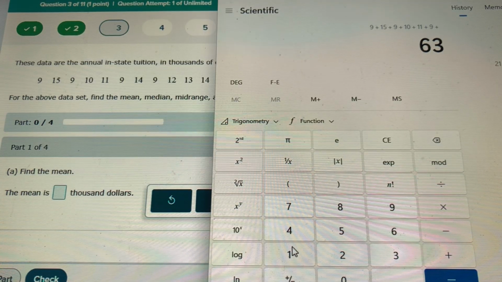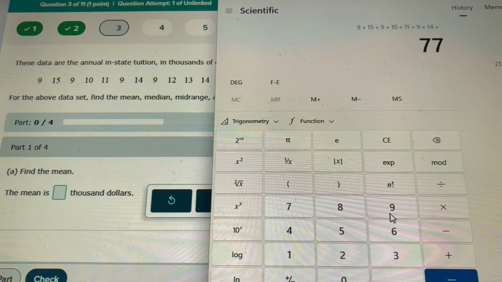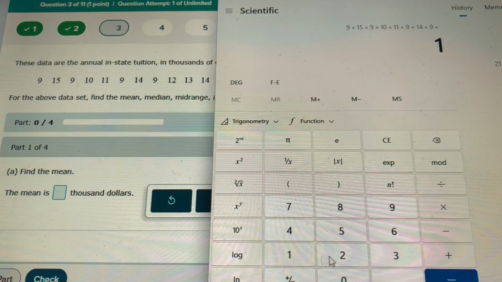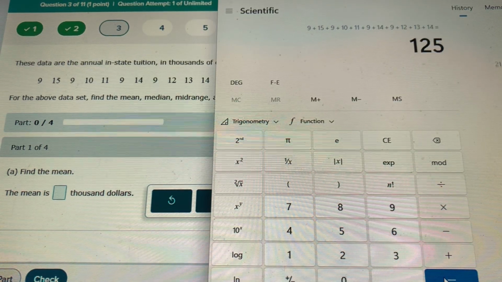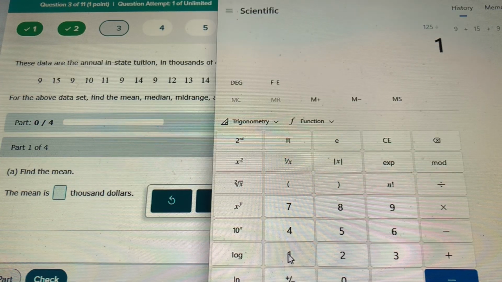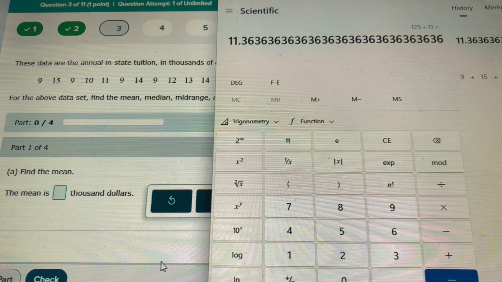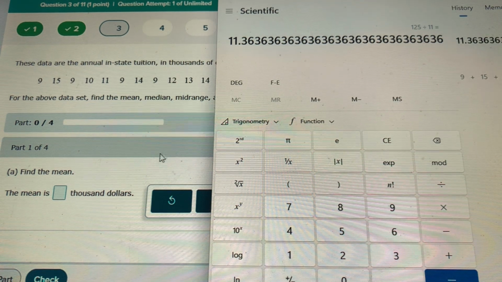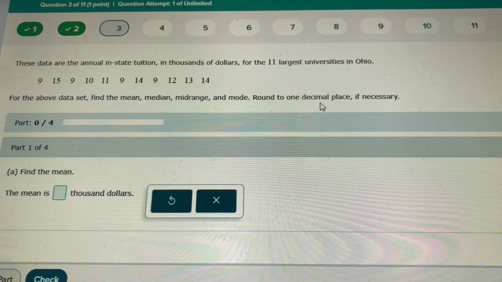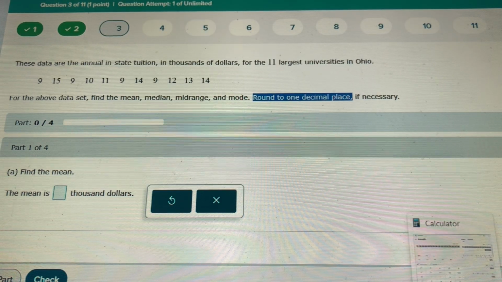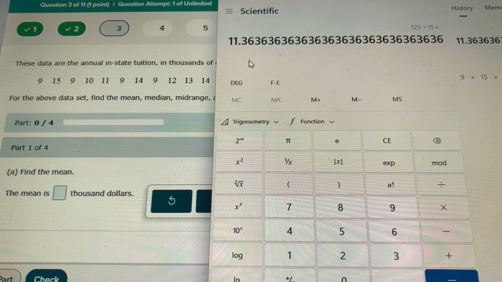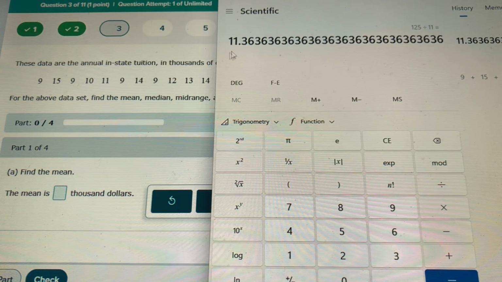So you add them all up, and in this case we're going to divide by 11 because there's 11 numbers here. Add them up, divide by 11. Now if it's a long decimal like that, then they should tell me where to round this to. Round to 1 decimal place. 11.3, but there's a 6 after that, so make it 11.4.